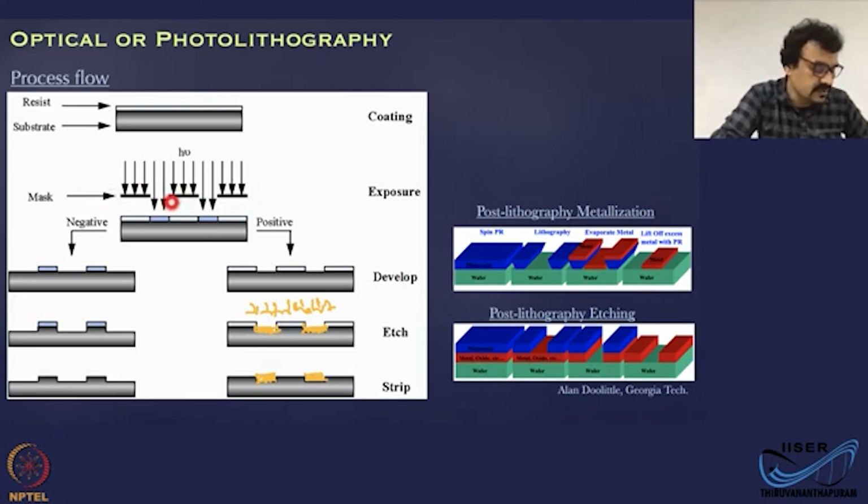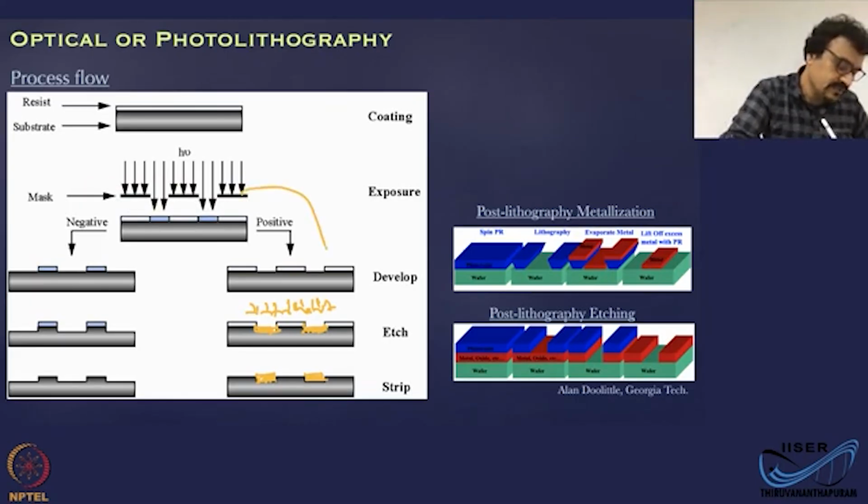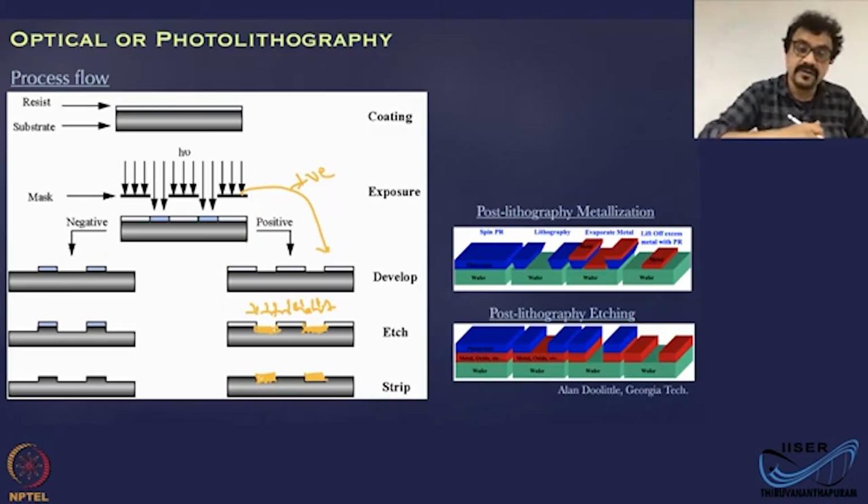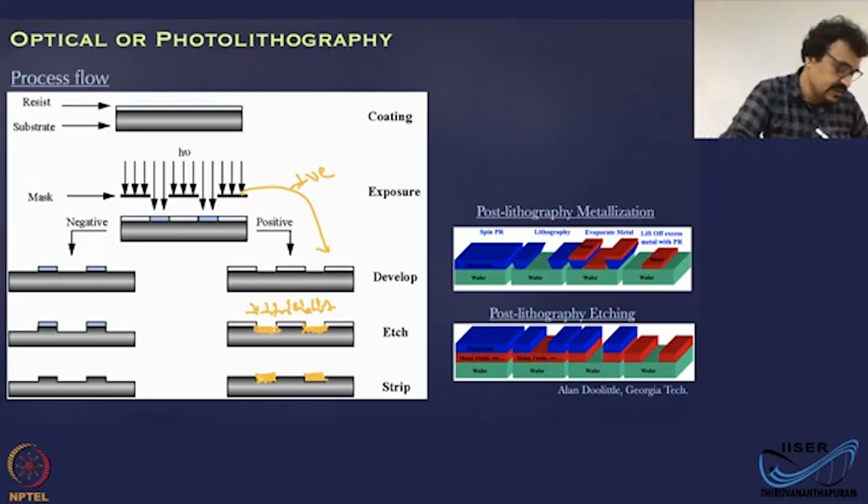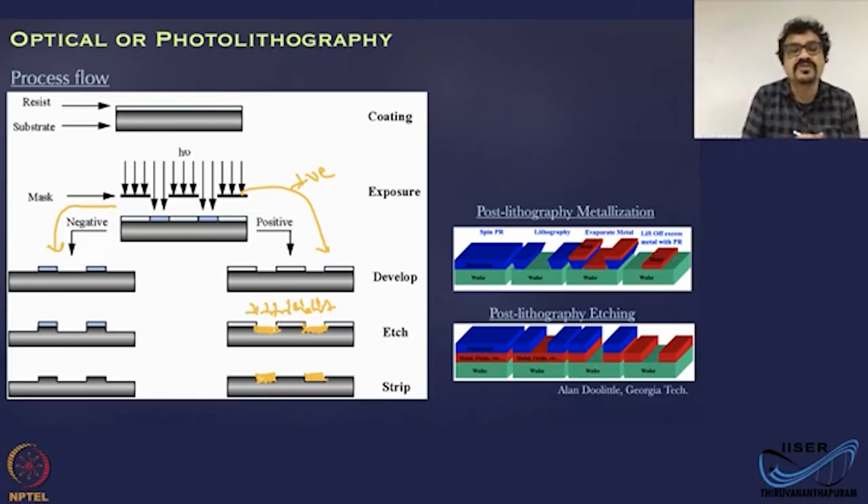So this is your original mask, and in this case, you got a positive of this mask. This is a positive, or the same pattern that has been transferred onto the substrate. In this case, basically, you get a negative, or just inverse, so it's opposite of whatever you had on the mask. That is the pattern you got.